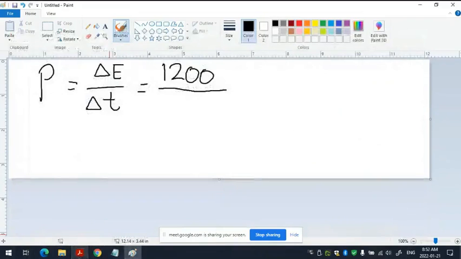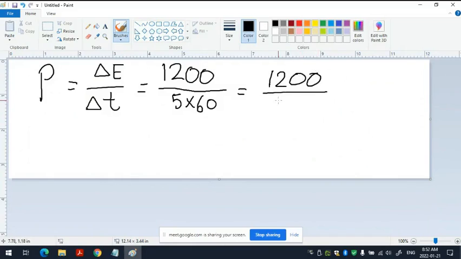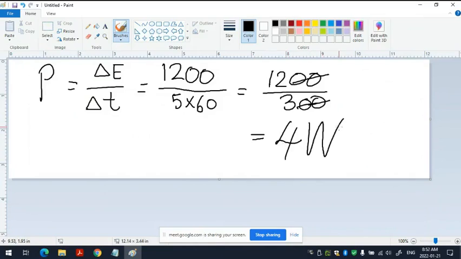But it has to be in seconds, so 300. What's 1200 divided by 300? You can always cancel the zeros together. And you would get 4. 4 what? 4 watts. It's a power.